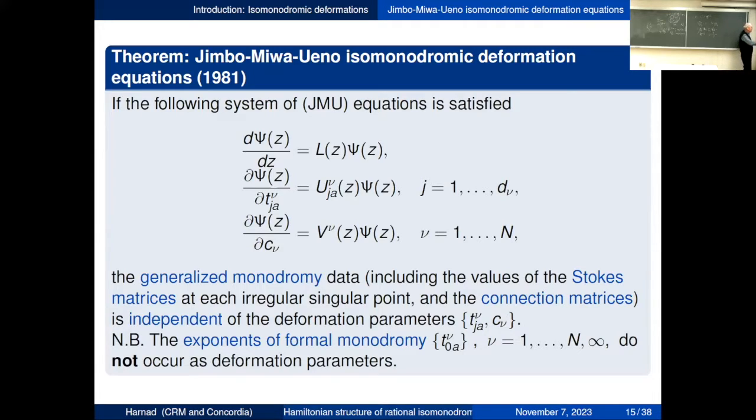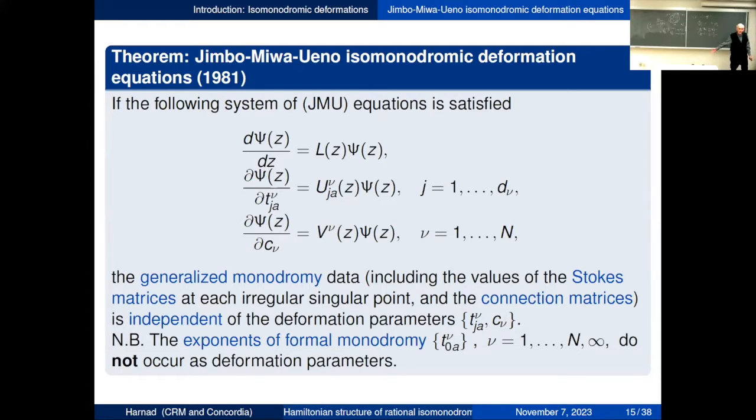The statement is that if you look at this overdetermined system, which involves derivatives in the spectral parameter direction and in the direction of all of these parameters, Birkhoff parameters and locations of the poles, and if this is a compatible system, that means the cross derivatives are equal, then the generalized monodromy data is invariant; it does not depend on the P and the C information.